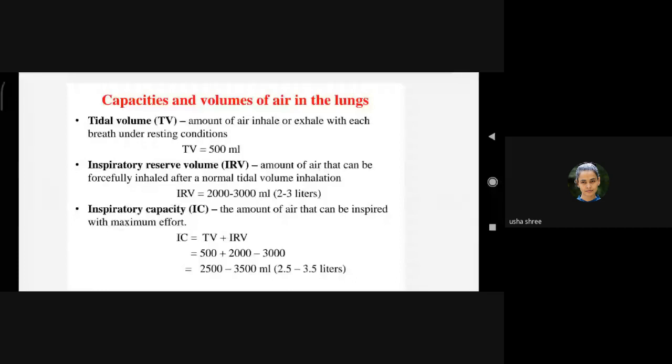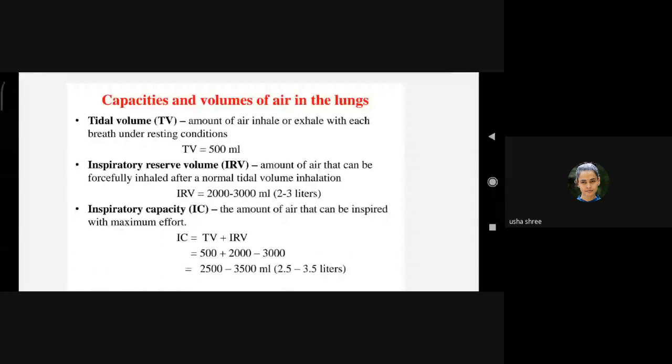So there's a difference of 2,500 ml. Is there so much of a difference between breathing normally and when we breathe forcefully? Can we inhale so much air when we are breathing forcefully? Yes.